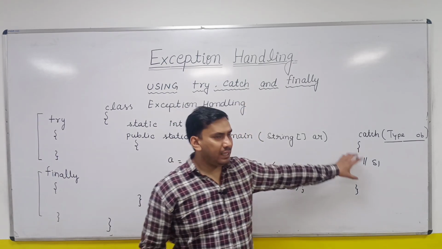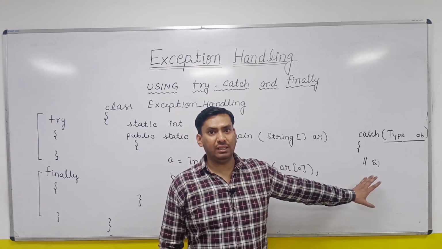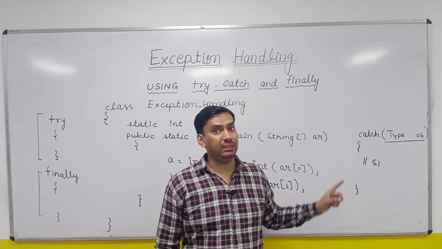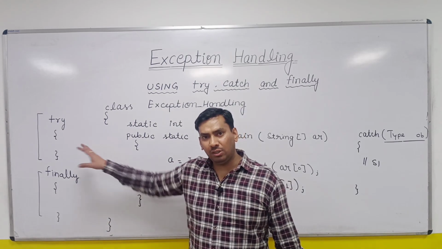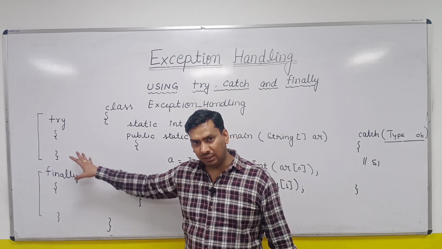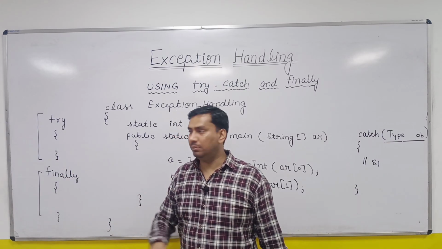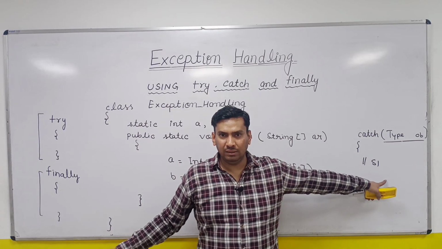So in the normal scenario, the catch block will not be executed. So normal statements should not be written in the catch block because it will be executed only when the exception occurs. Similarly, in the try block, you don't write normal statements. You write only those statements where the problem is possible. So the problem is possible here, the solution is there, right?